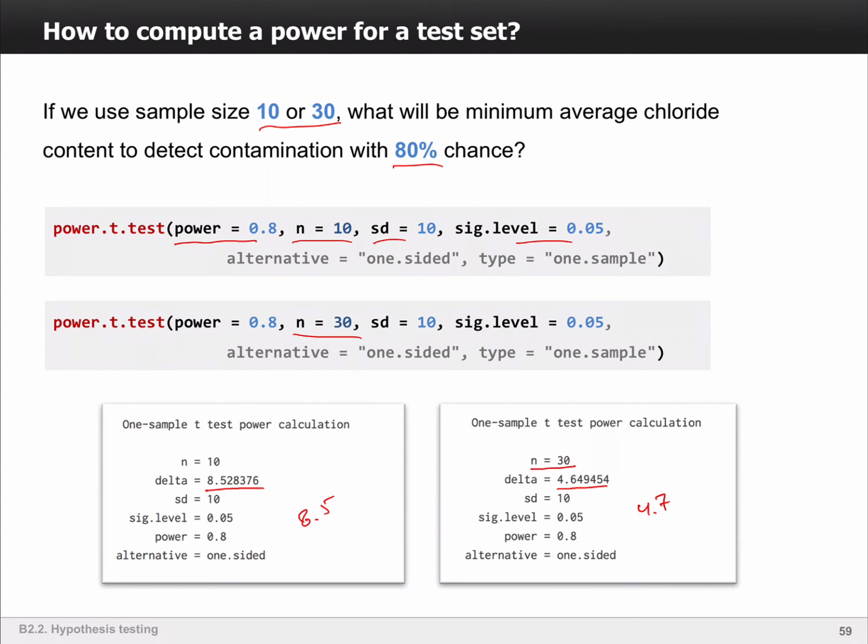Okay, so now you can sort of make a trade-off. If you want to see a smaller effect, you have to take a bigger sample size, or you will sacrifice the power. But if you want to get a certain power and you want to see a certain size of effect, then you can calculate how big the sample size should be.